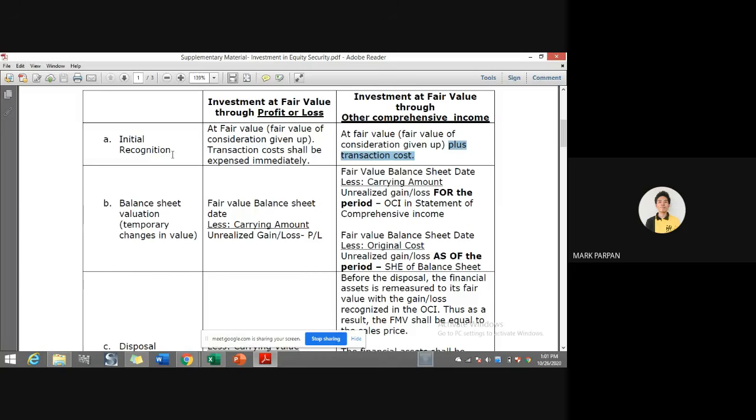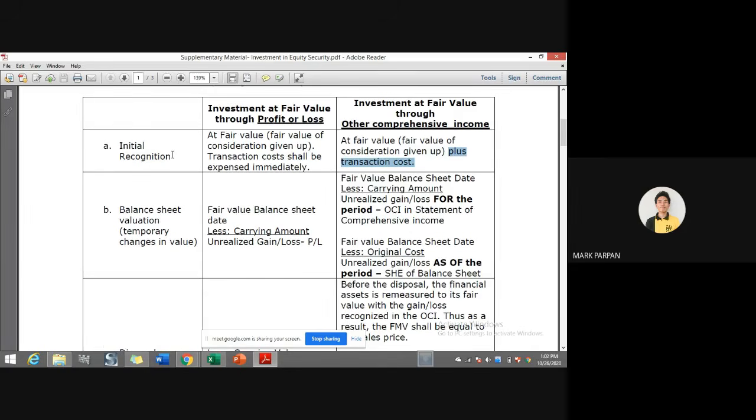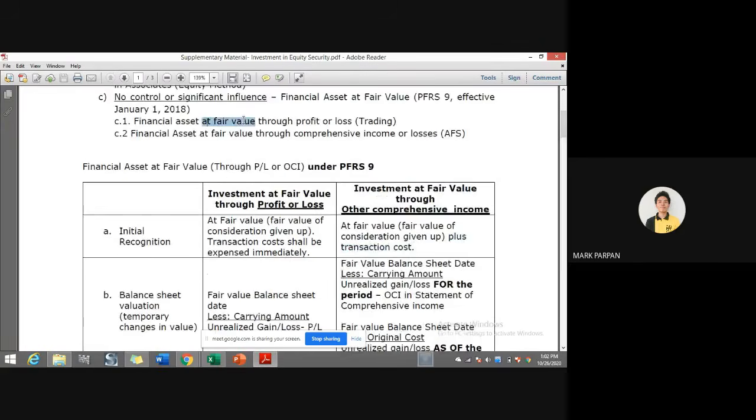How do we measure this investment at year-end, at December 31? It is very easy. You need not be stressed in memorizing the subsequent measurement. From the word itself, financial asset at fair value.